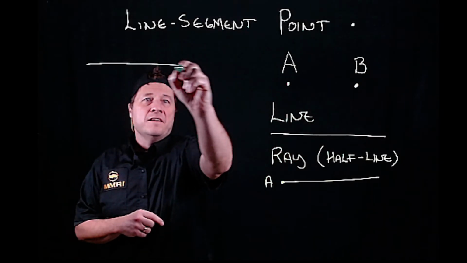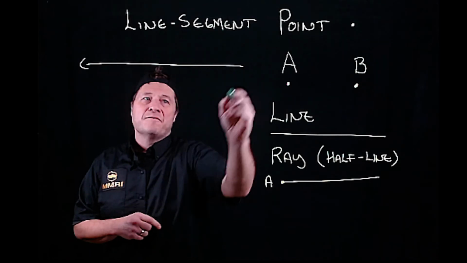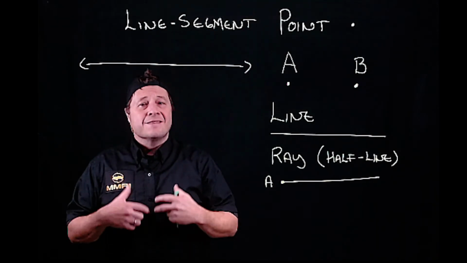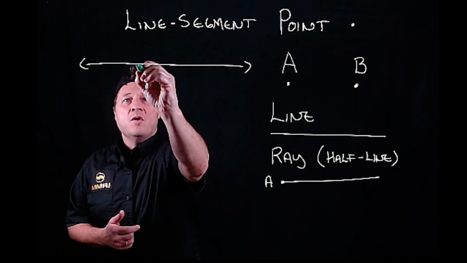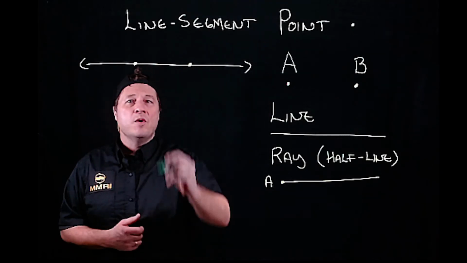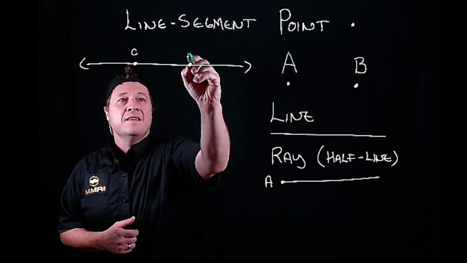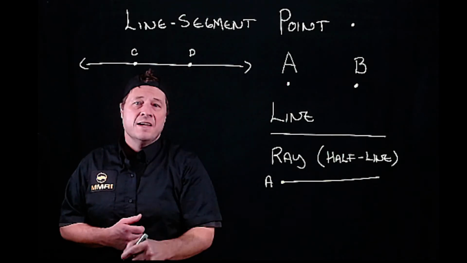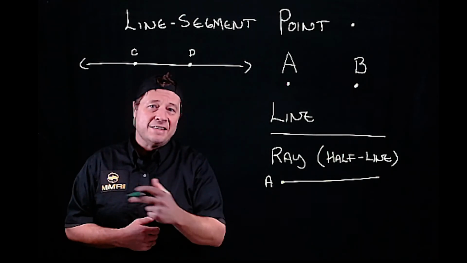Okay, here's our line, and it extends forever that way, and it extends forever that way. But when we're talking about a line segment, we're talking about a portion of that line that lies between 2 points. So that might be point C and point D. So we would refer to this as line segment CD.